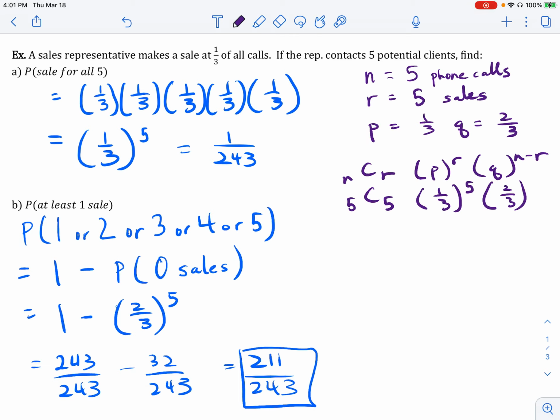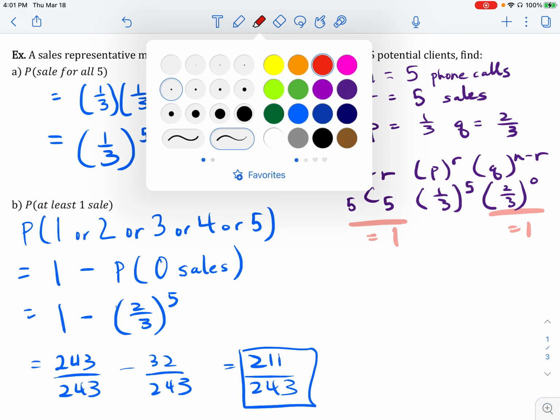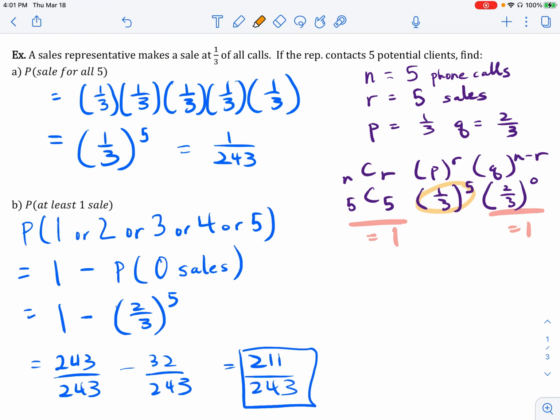What's 5 minus 5 there? We would say to the 0 power. And again, what do we see all of this is? This is equal to 1. This also is equal to 1. And what I have left over is exactly what we ended up doing in this previous problem. It was just all of this here. So it's just another approach that we could have taken here, but I just wanted to do it to illustrate how we might use binomial probability.